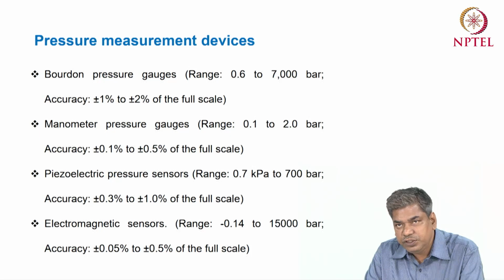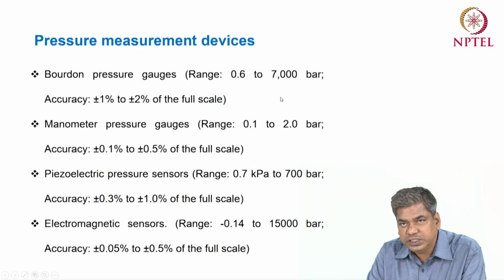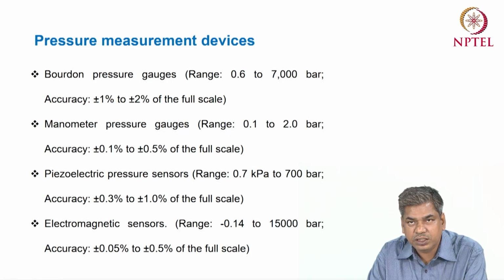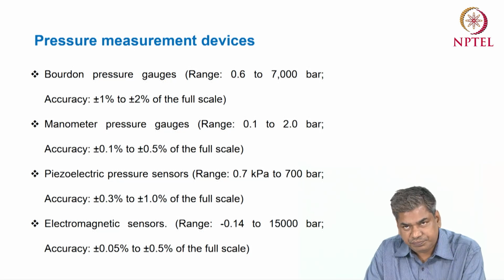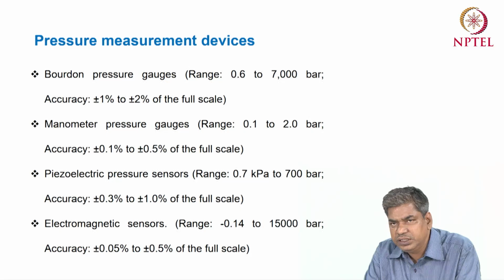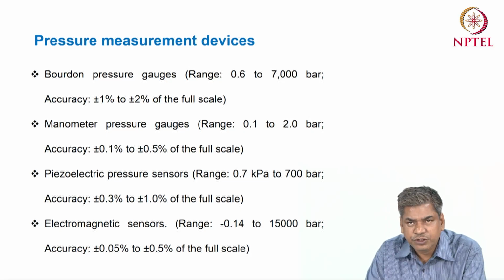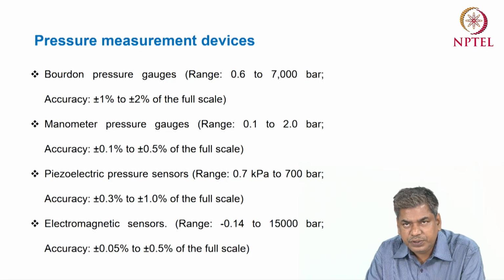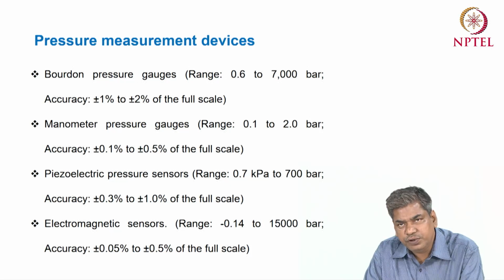Okay, so for this piezoelectric pressure sensor, basically we are measuring the voltage, or electrical properties. The electrical properties will change due to the change of the pressure or change of the stress. So by using the piezoelectric pressure sensor, we will basically measure the voltage.